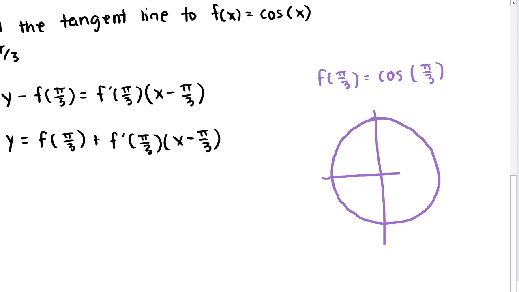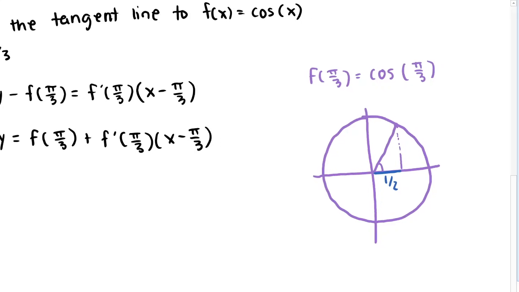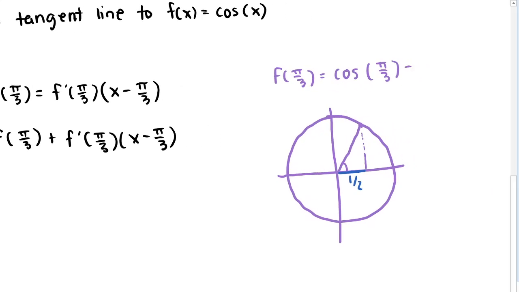So add an angle of pi over 3. So this is a 60-degree angle from our x-axis. Well, the output value of cosine is going to give us the x-coordinate of this point on the unit circle, and this is 1/2 in our 30, 60, 90 triangle in the unit circle. So here f of pi over 3 comes out to be 1/2.